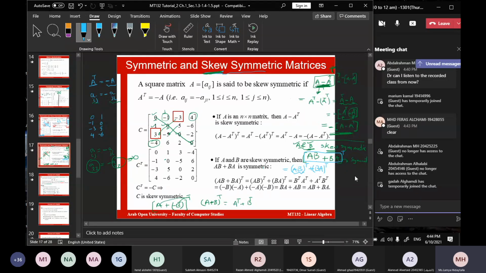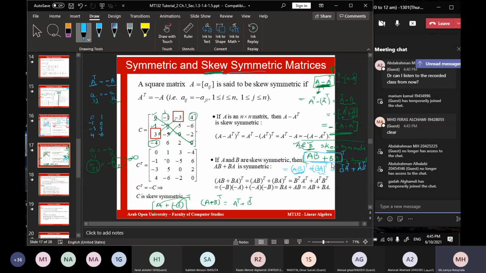And what is the transpose of a multiplication? Don't forget to flip. It is B transpose times A transpose, plus A transpose times B transpose, correct?